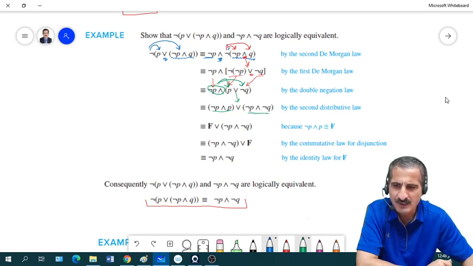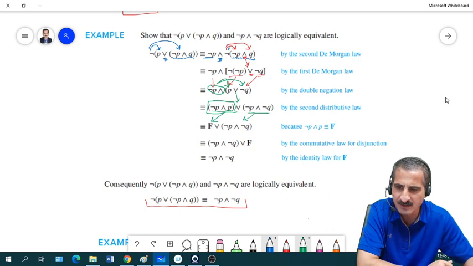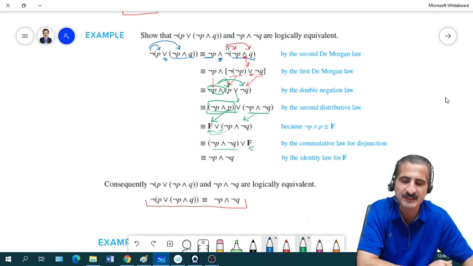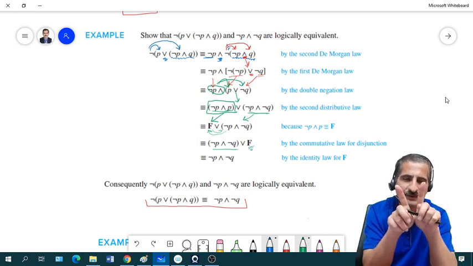Okay, not P and P, one of them is false, and we have and, so we have a false. This is one of the identities we have already seen, and this stays as it is. So we used here, we changed place here, this one to this one. Now we have not P and not Q or false. This is one of the identities, or false.